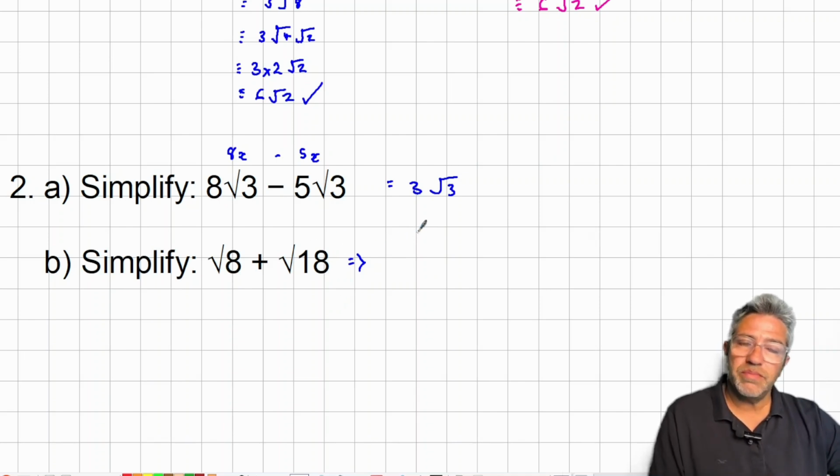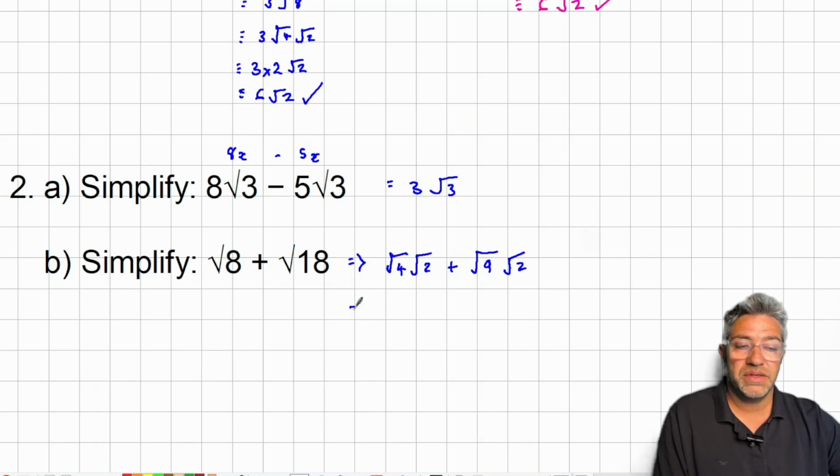We're going to simplify first of all root 8. Does 8 have a square factor? Yes, it does. 4. So we can rewrite root 8 as root 4 root 2. Plus, well, we can rewrite root 18 as root 9 root 2. And already I can see I've got a common surd here, so I'm quite pleased.